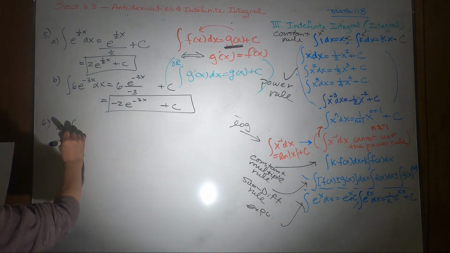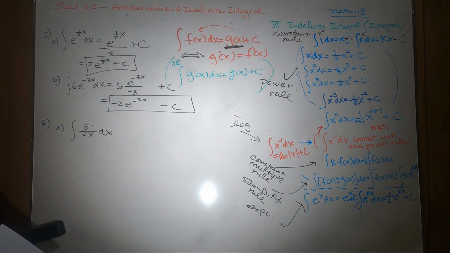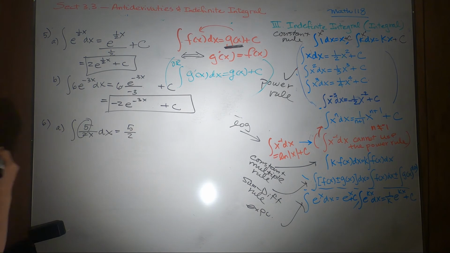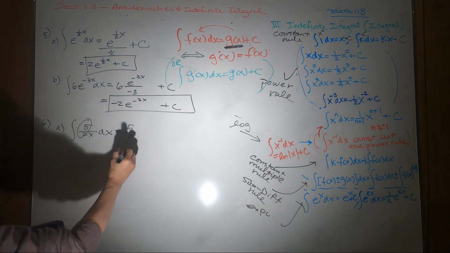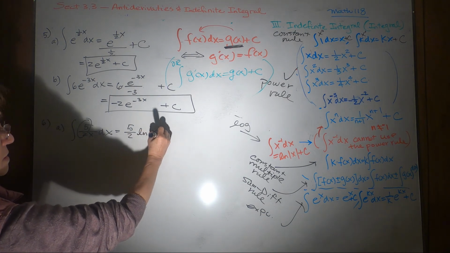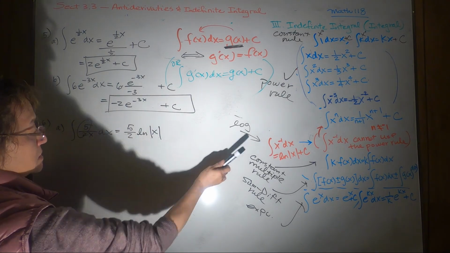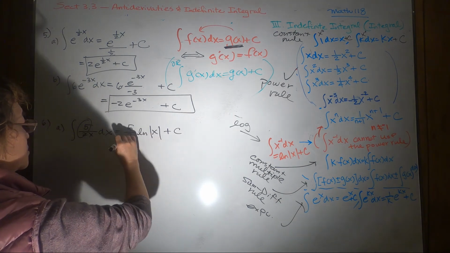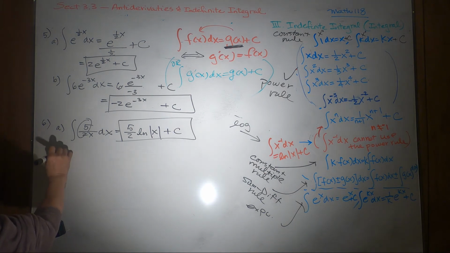So for this one, if we have 5 over 2x dx, what do we do? We have a constant, right? So we use the constant rule, take 5/2 out, then 1 over x, which is what? The natural log integral, right? Plus your arbitrary constant. That would be your answer, right?